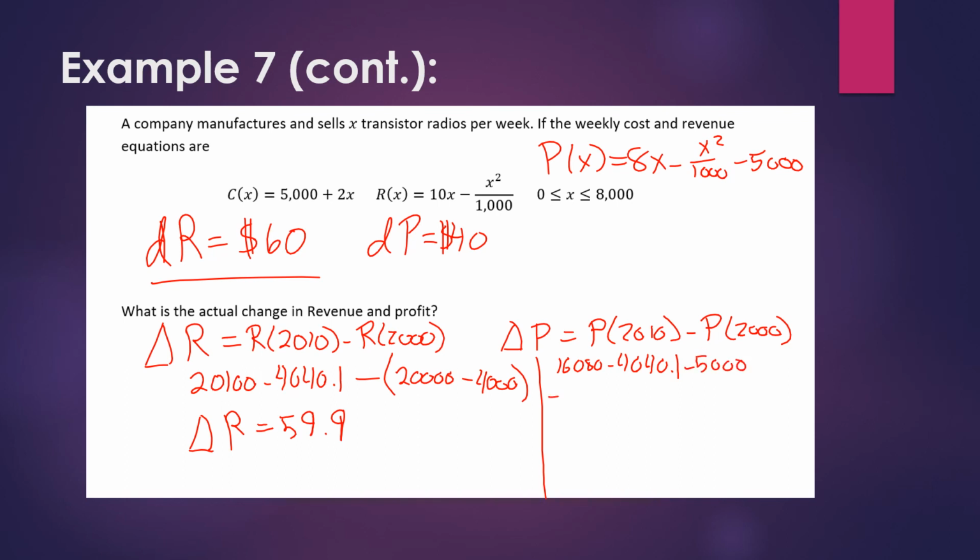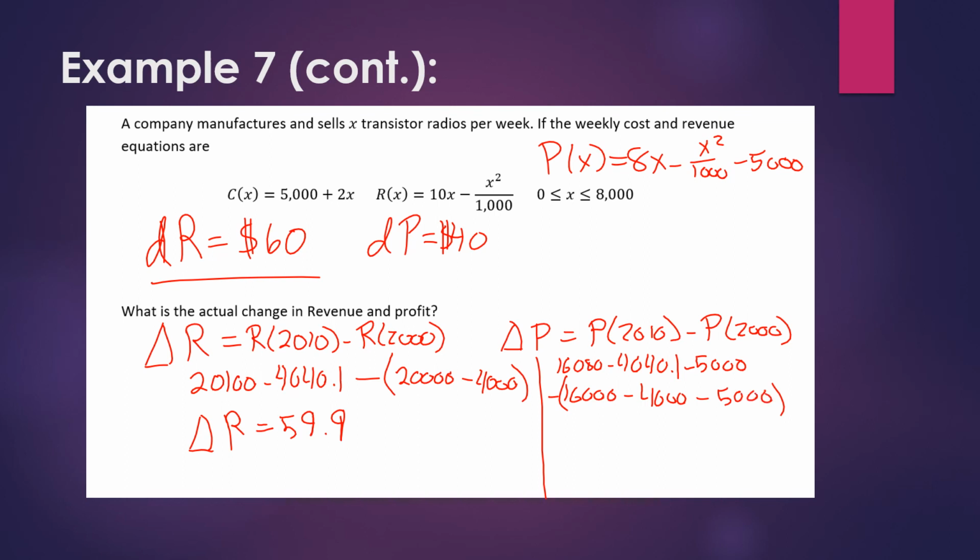And then I need to subtract what happens when I plug in 2,000. So that's going to be 8 times 2,000, so that's 16,000. What happens when I plug in 2,000 into x squared over 1,000? So that should give me, I believe, 4,000. 2,000 times 2,000 divided by 1,000 is 4,000. And then we got the minus 5,000 again.